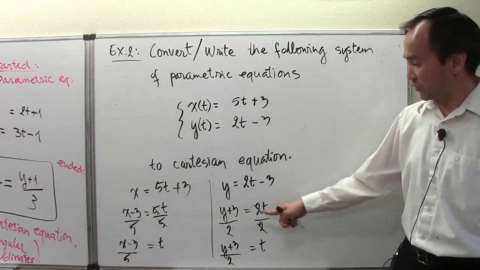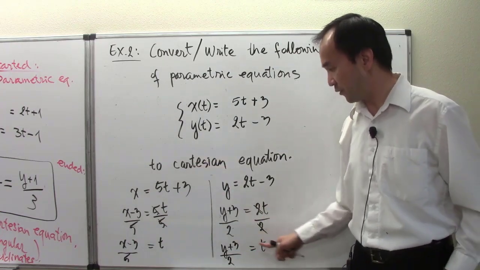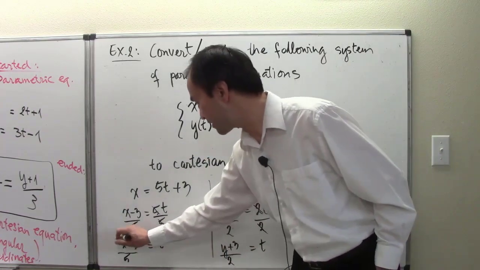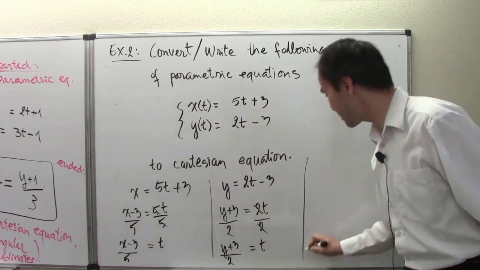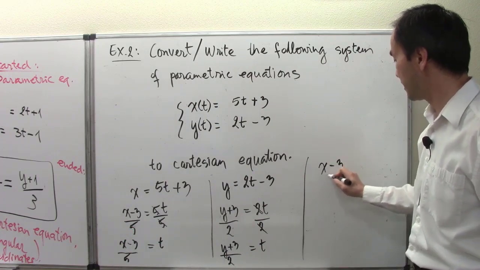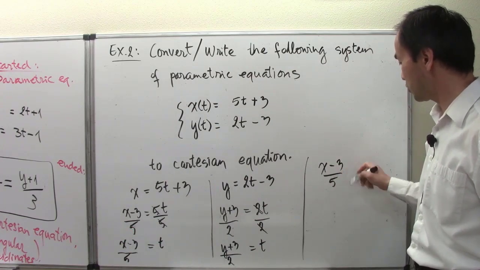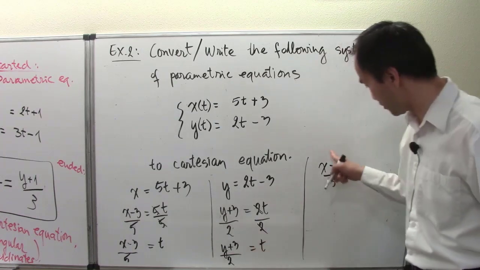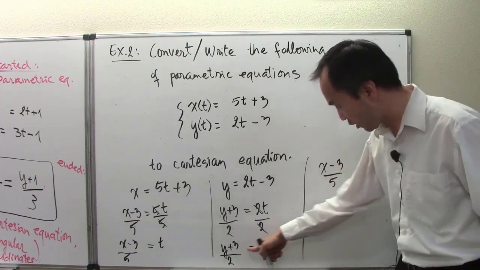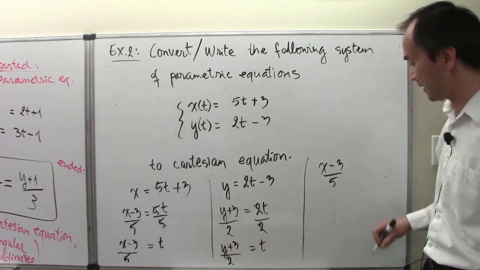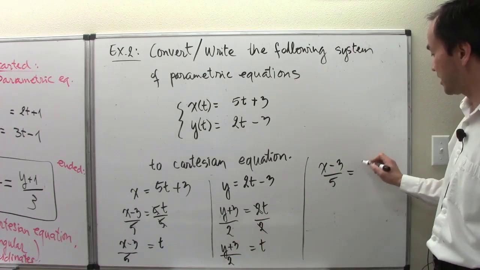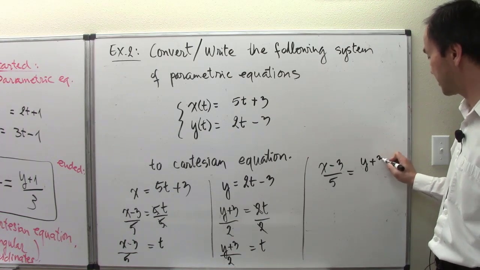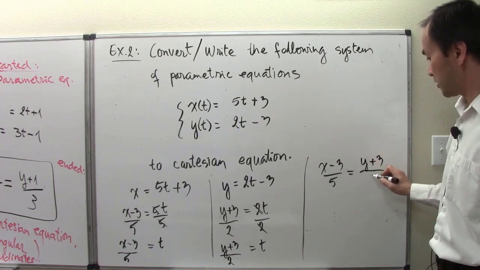And so now once we have solved both equations for t, then we're going to simply set them equal. Okay, so the x minus 3 over 5 was supposed to equal t, and t is also equal to y plus 3 over 2. So now that means these two expressions, which only involve x and y, have to equal each other: x minus 3 over 5 equals y plus 3 over 2.